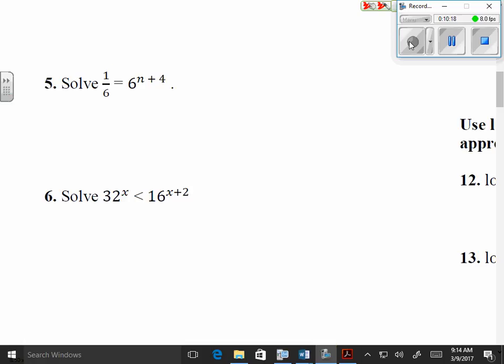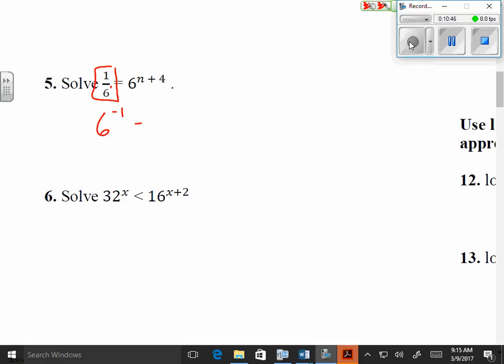Any idea what we're going to do with that? Close. 1/6 is not equal to 6. You have to take the exponent and make it, see this is 6 to the positive 1 power, -1. 1/6 is the same as 6 to the -1.